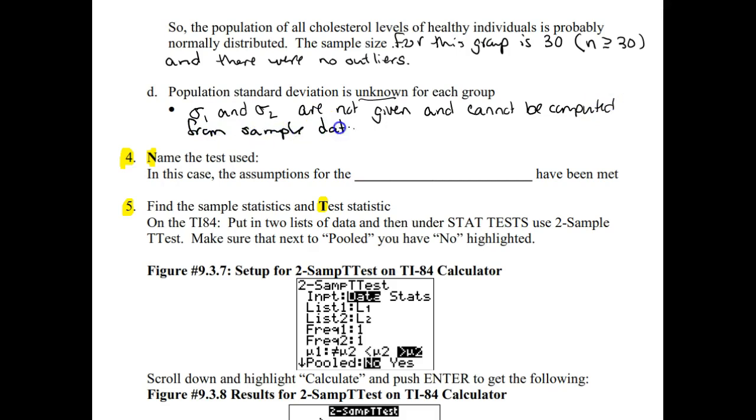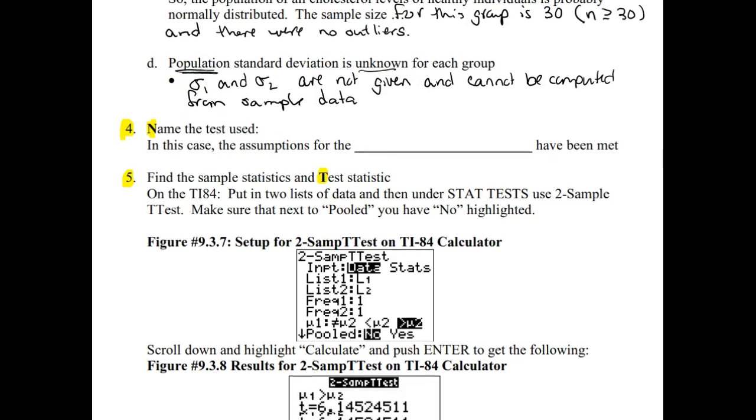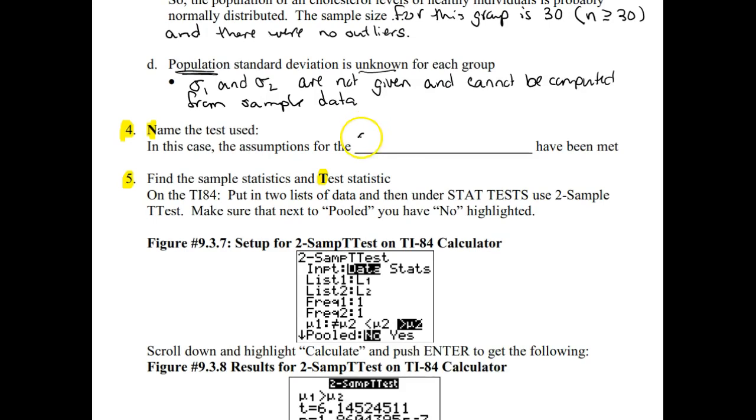Now, we could input the data and get a value for S1 and S2 for the sample standard deviations, but this says the population standard deviations are unknown, which they are. So in this case, everything checks out to run a 2-sample t-test.